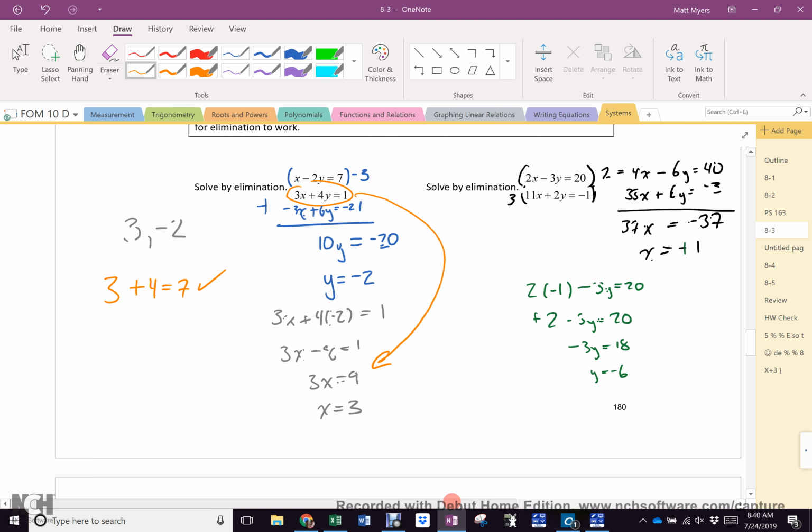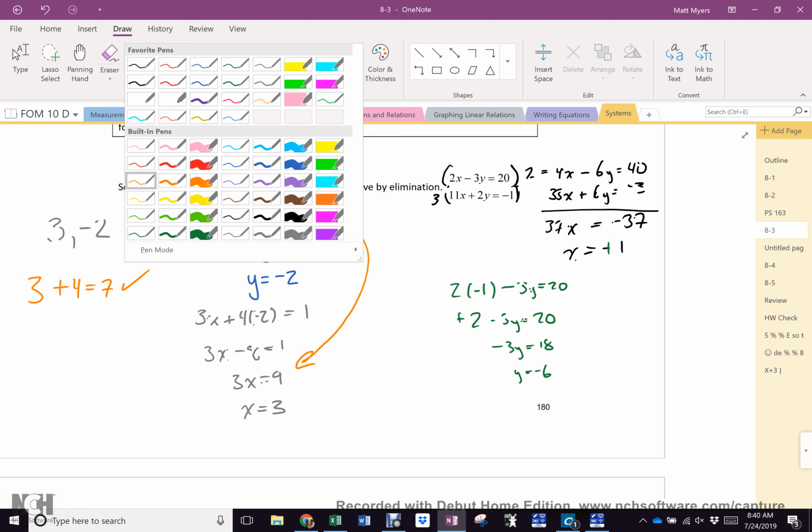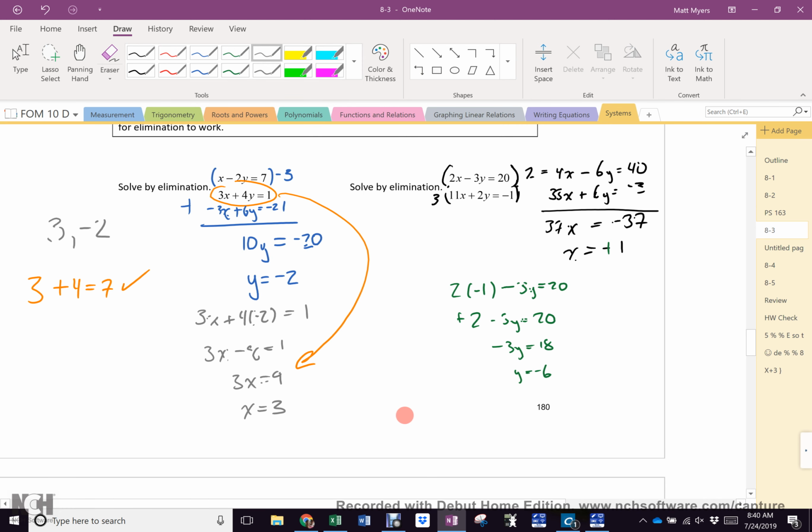What do I do with that? Plug it in where? Anywhere I see a y. Now, right now, I have 1, negative 6. Should I plug it into the top one? It doesn't really matter, but I've already just done the top one, right? So where should I plug it in?